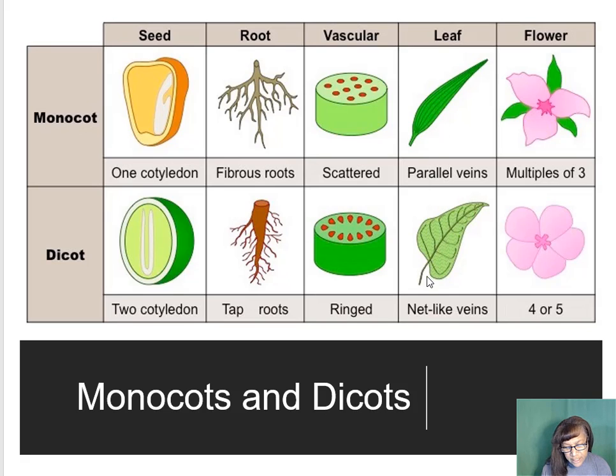When we see this net-like structure of the veins of the leaf, it's probably a dicot. When we actually count the flower petals, we can see 1, 2, 3, multiples of 3, it's a monocot. When we can see that it's multiples of 4 or 5, then it's a dicot. So that's classification.